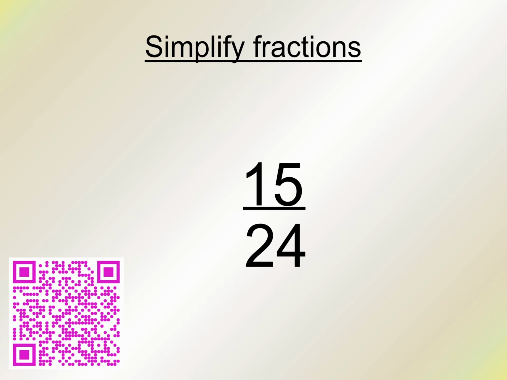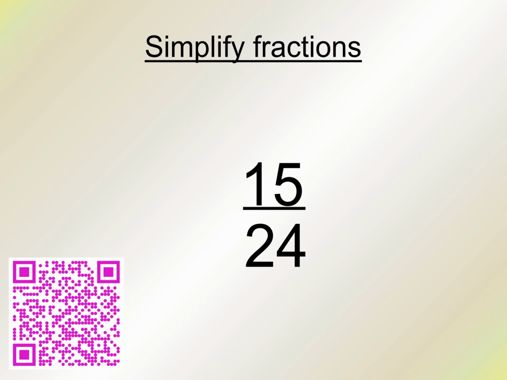So showing is the fraction 15/24. To simplify it, we want to find a common factor, so a number that can go into both 15 and 24. Usually we use the highest common factor, but if you're unable to spot the highest common factor, using smaller factors is fine, just longer.